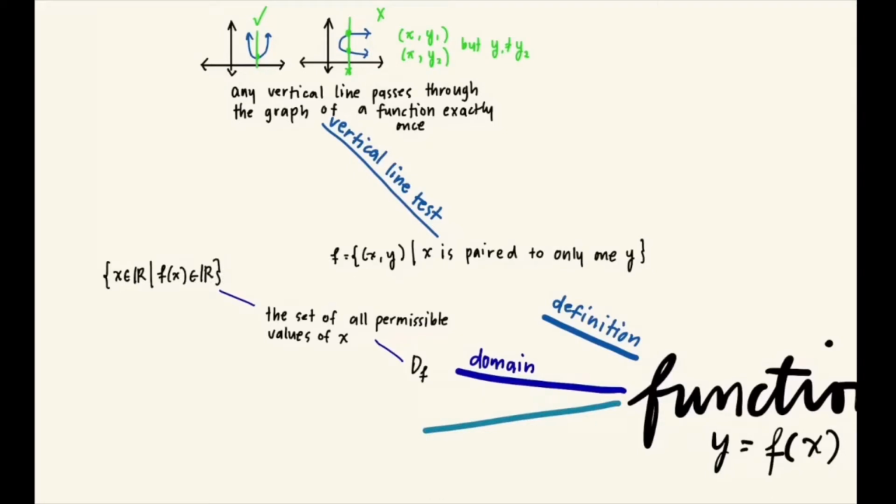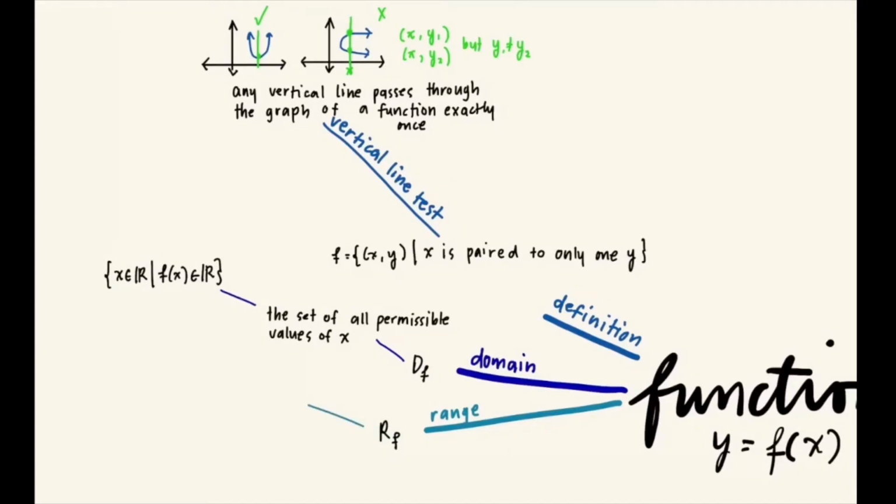In set builder notation, we have x such that x is a real number, where f of x is also a real number. Now, the range is the set of all the corresponding values of y, the function values for all x in the domain of the function.